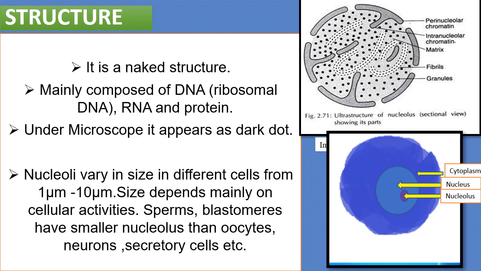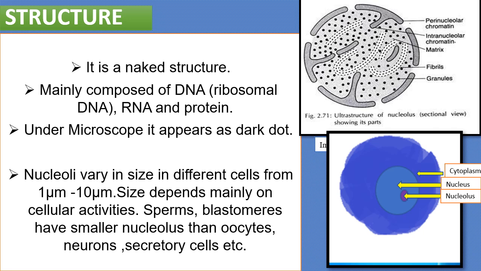The size of nucleoli may vary from one cell to another. Generally, it may be 1 micrometer in diameter in small cells, and it may reach up to 10 micrometers or more in large cells. Mainly, its size depends on the cellular activities.